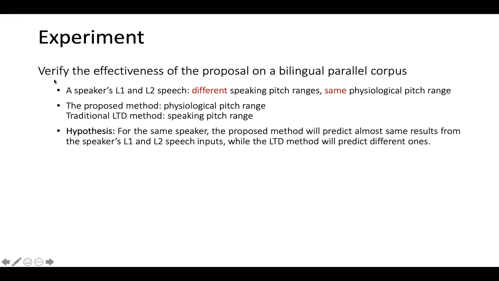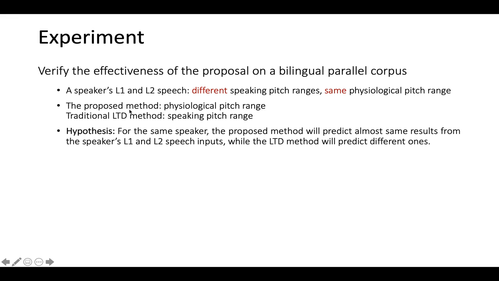Next, we verified the effectiveness of the proposal on a bilingual parallel corpus. According to previous study, a speaker's L1 and L2 speech have different speaking pitch ranges, but the same physiological pitch range.